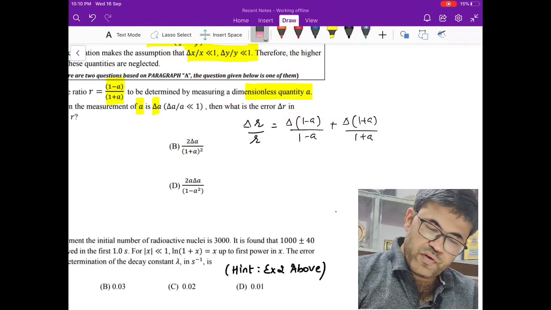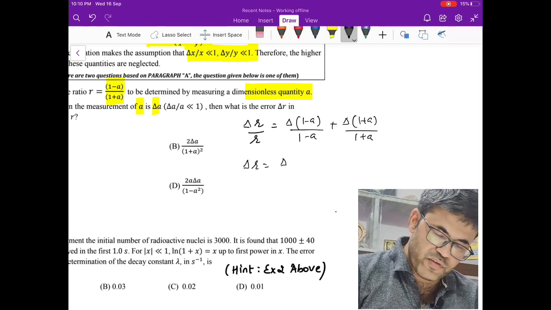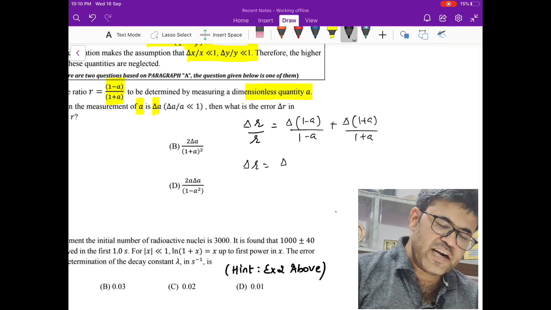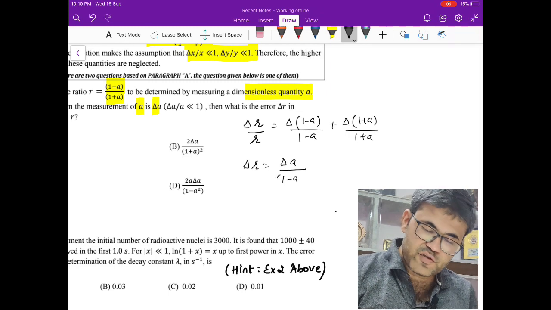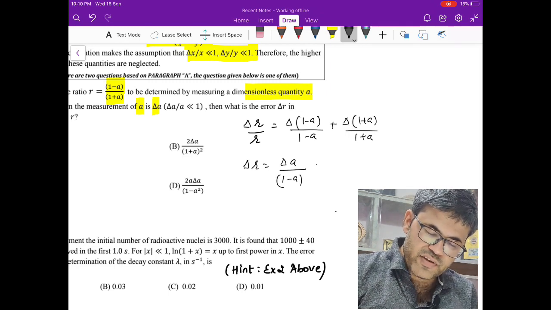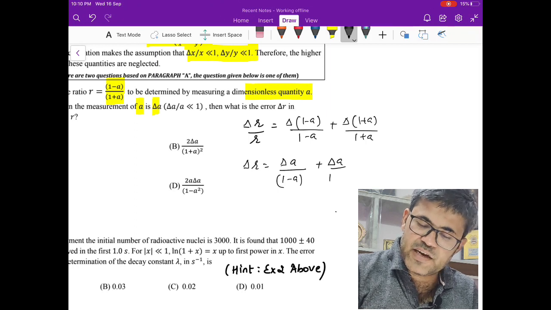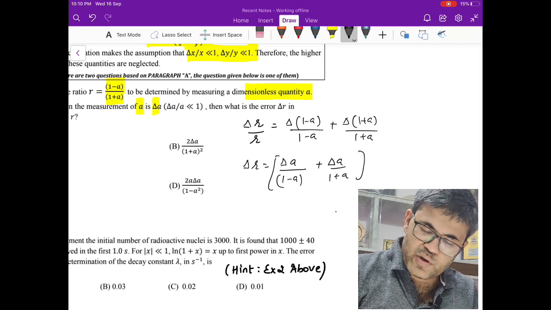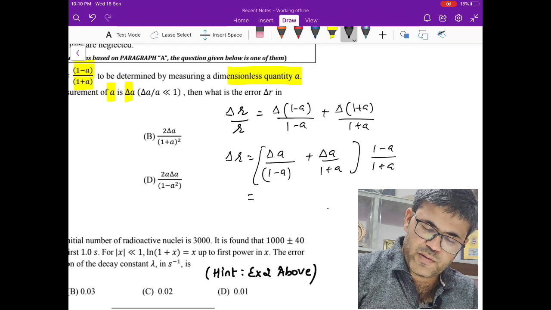So here we have delta r by r, and what is r? R you know is 1 minus a over 1 plus a. Whenever you add or subtract, the absolute error is the sum of the absolute errors, so it would be delta a upon 1 minus a, multiplied by r. Similarly here also, 1 is fixed, the error is only in a, so delta a upon 1 plus a, multiplied by r, which is 1 minus a upon 1 plus a.